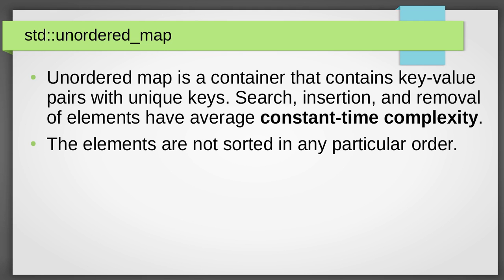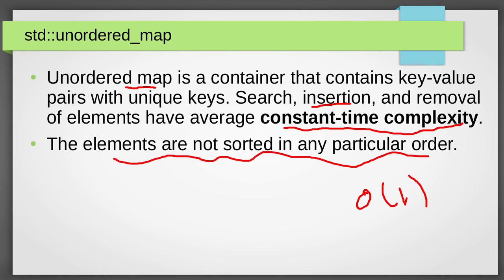Unordered map. Unordered map is a container that contains key value pairs with unique keys. Search, insertion, and removal of elements have average constant time complexity, O(1). The elements are not sorted in any particular order. So unordered map is similar to the map, but its internal data structure is different.